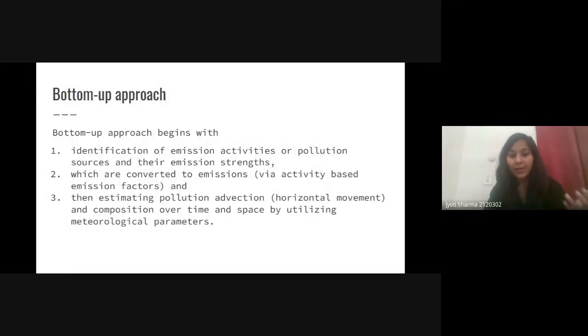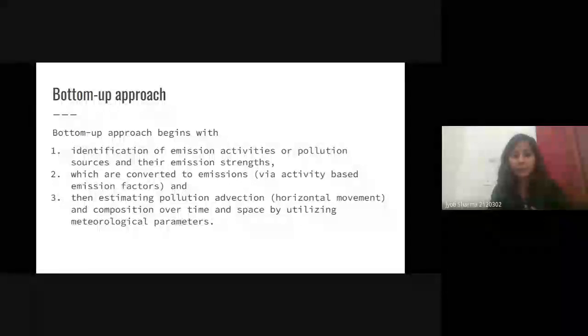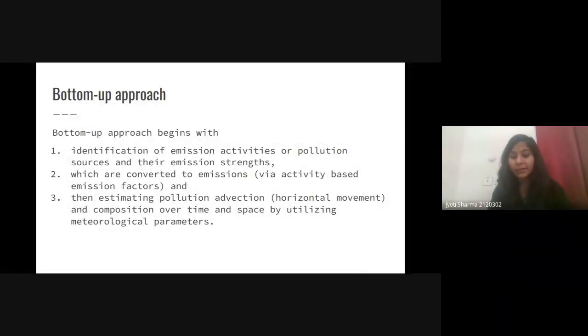So you will see what activities there are in that thermal power plant. There may be combustion, there may be some transportation of vehicles within that area. So firstly you will list out the emission activities, then you will see the sources, and then you will see the strength of that emission.